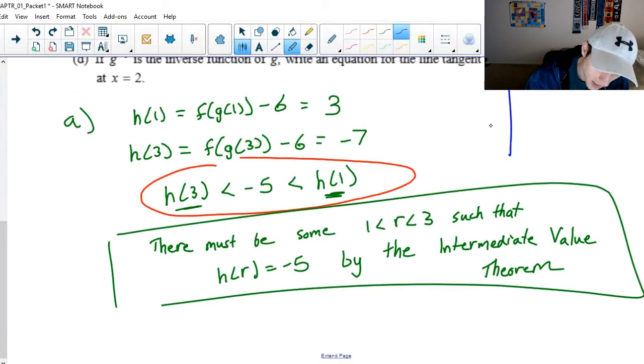Now again, to think about what this actually means, so let's say 1, 3. Right, we'll say that's the point (1, 3) that we get from 1 and 3. And then the point (3, -7), we'll say somewhere down here.